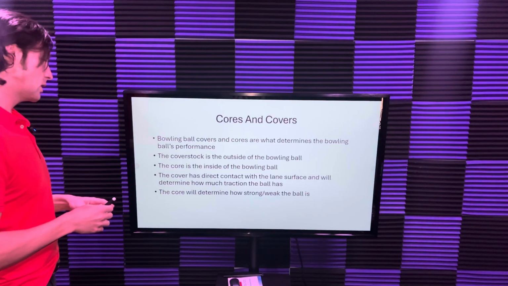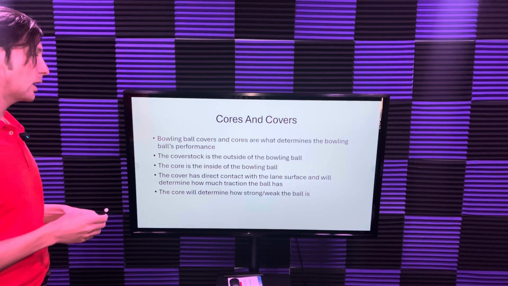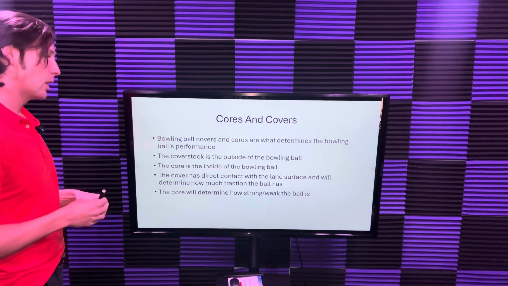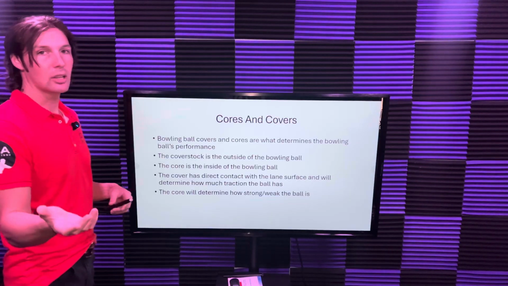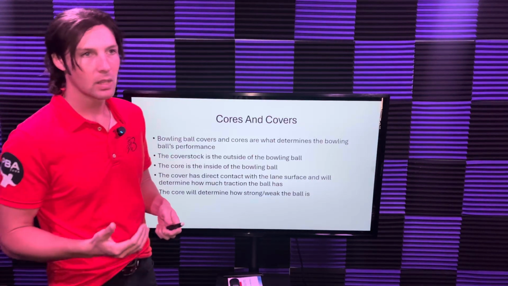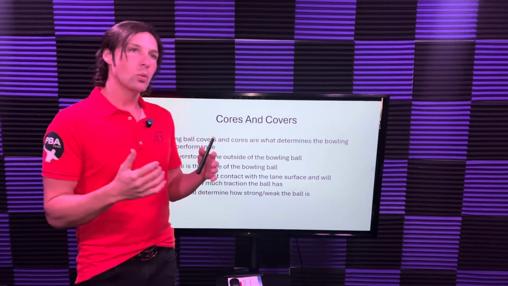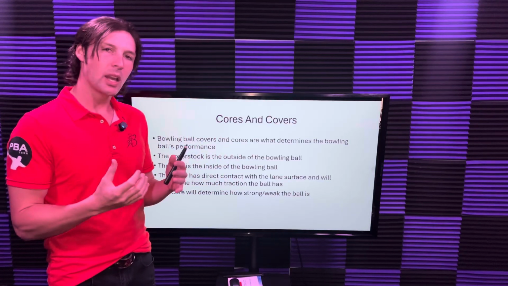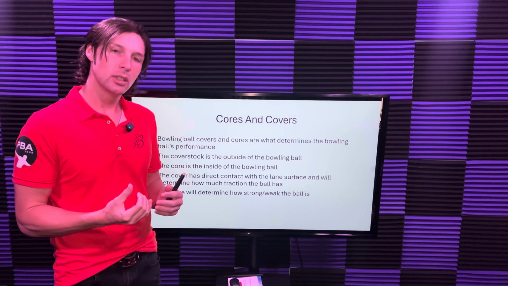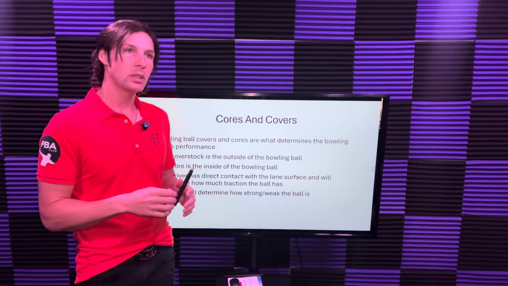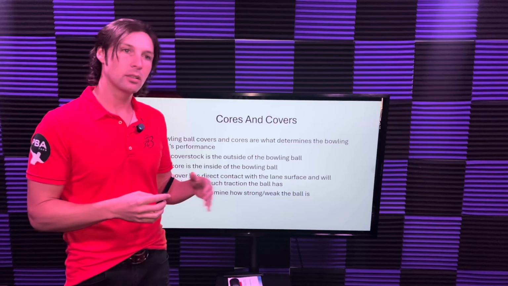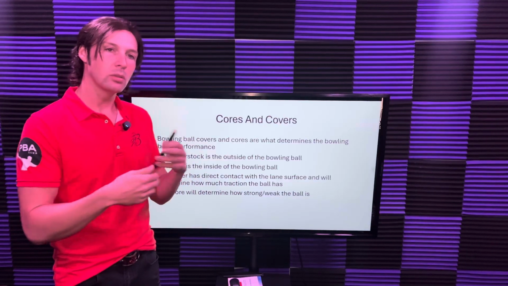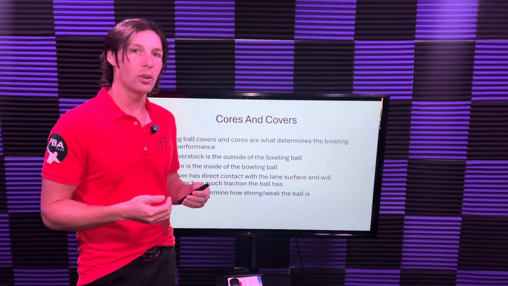And then the next point is the cover has direct contact with the lane surface and will determine how much traction the ball has. So that's what I was talking about with the cover stock. Cover stock will determine how much grip that ball has. If it's a more dull cover stock, then it will gain traction much earlier.